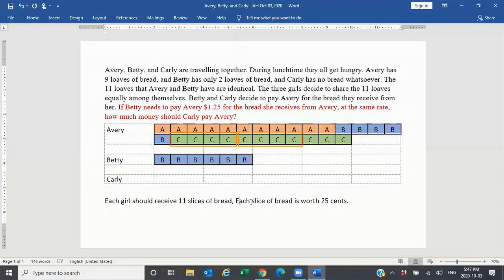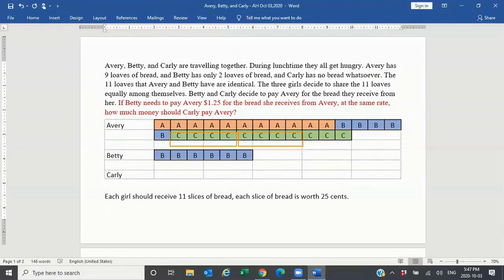Then, of course, I have to get rid of this capital E. Carly should pay Avery, capital A for Avery, $2.75. Forgot the dollar sign. Now I know there's a quicker way than just deleting it, but for some reason I still do that every time.